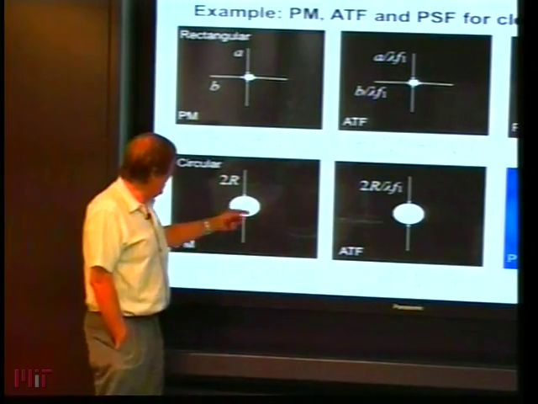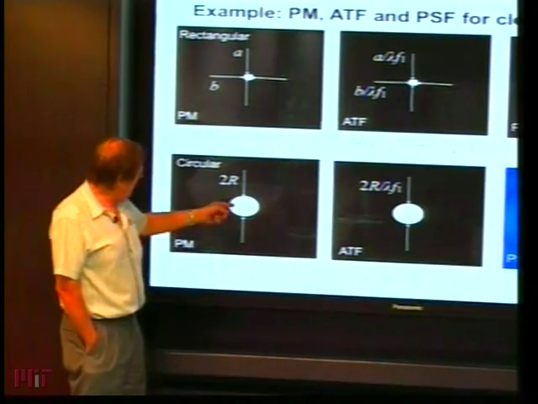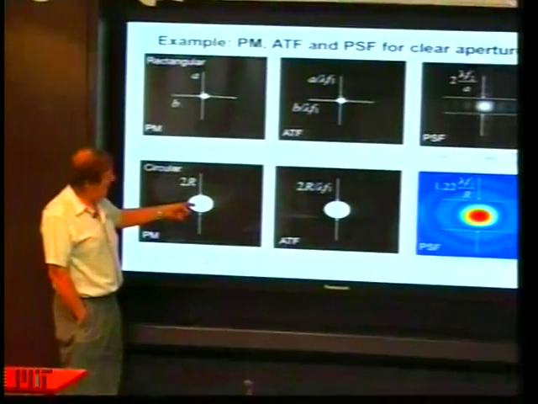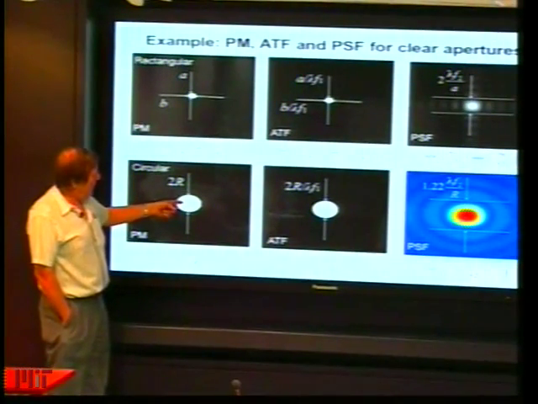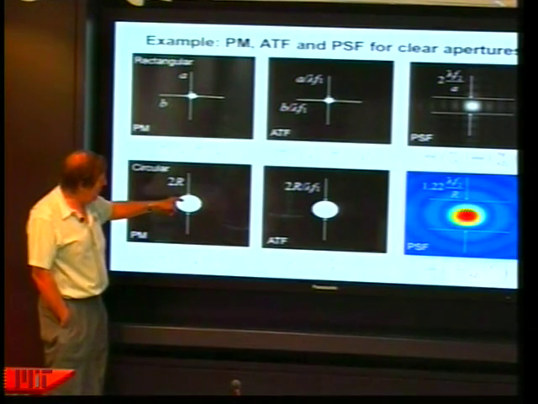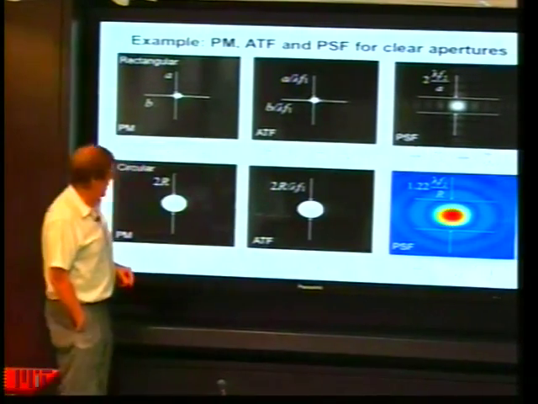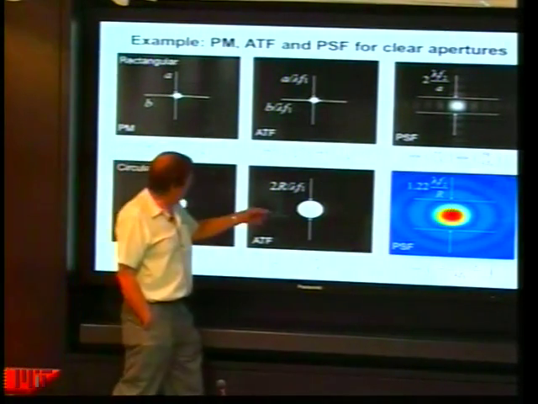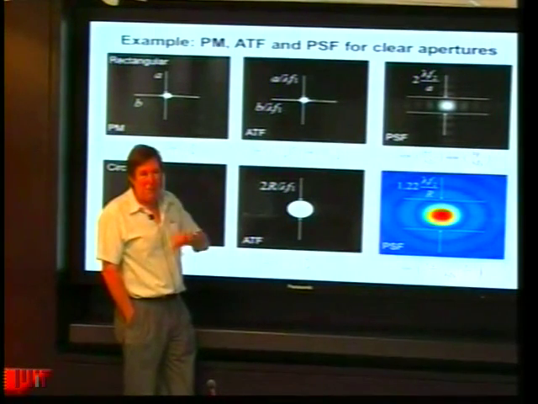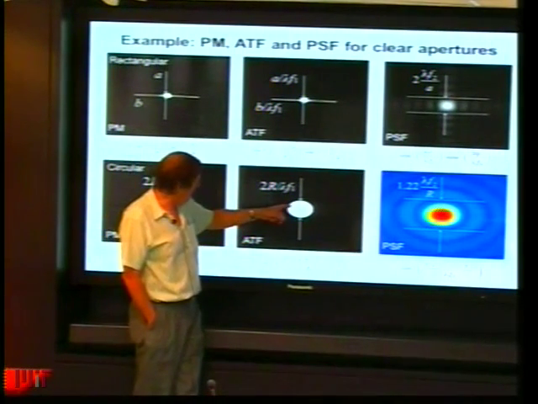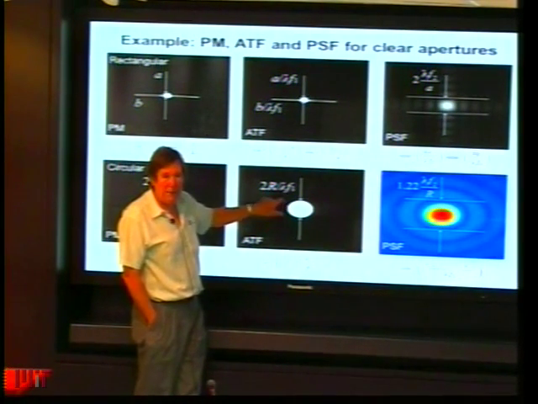Anyway, this is supposed to be a circle. And if this is the pupil mask, the amplitude transfer function is just a scaled version of this. So it's again just a circular thing. Perhaps I ought to stress this: this is plotted here as black and white, where white means 1 and black means 0.